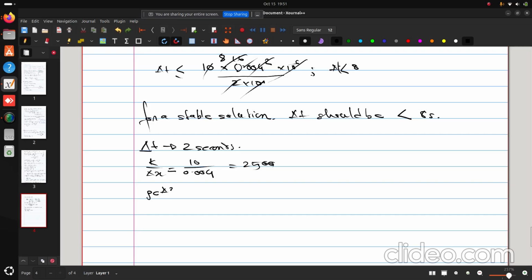It is rho c delta x by delta t, 10 times 10 to the power 6 times 0.004 divided by 2, so that is 20 times 1000, equal to 20,000.